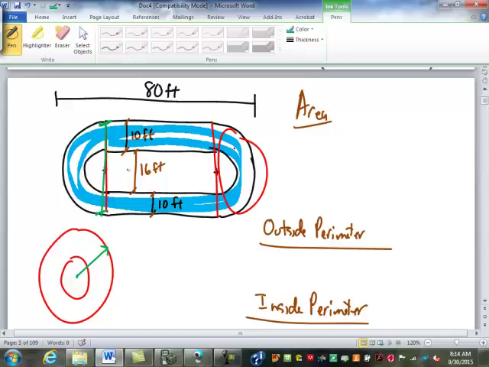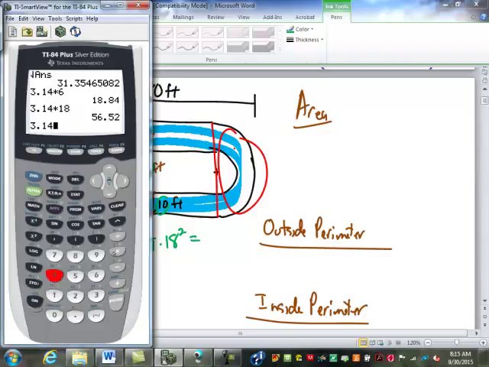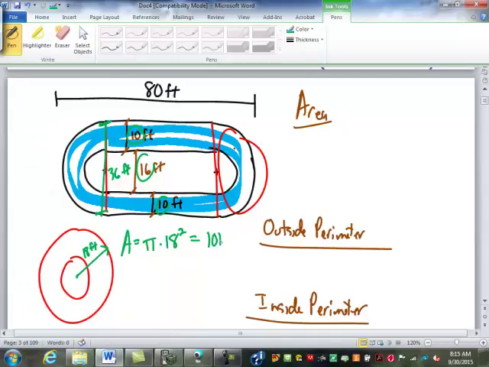Well, the diameter all across here would be 10 plus 16 plus 10, which is 36, right? So half that would be 18. So that large circle is going to have an area of pi times 18 squared. Otherwise known as 1017.36.